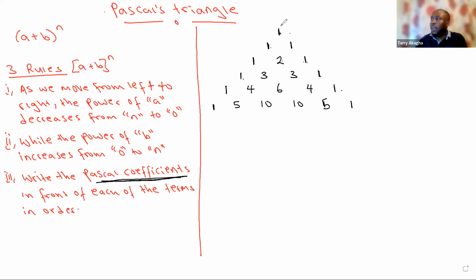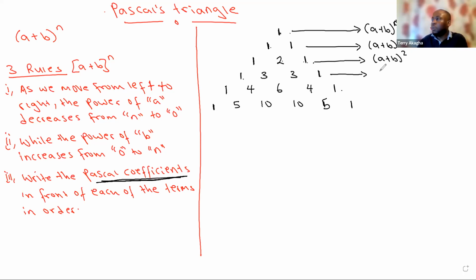And what does this imply? The first one here is for when (a + b) is raised to the power of 0. The second one is when (a + b) is raised to the power 1. The third one is when (a + b) is raised to the power 2.